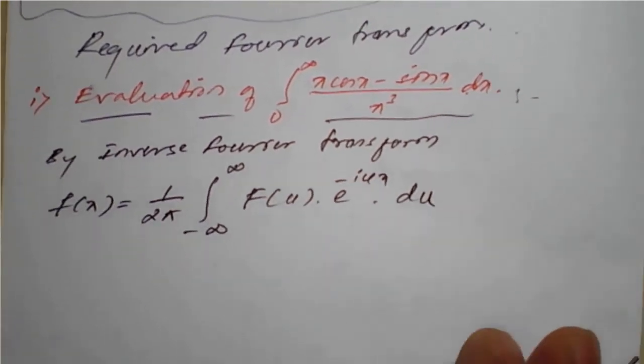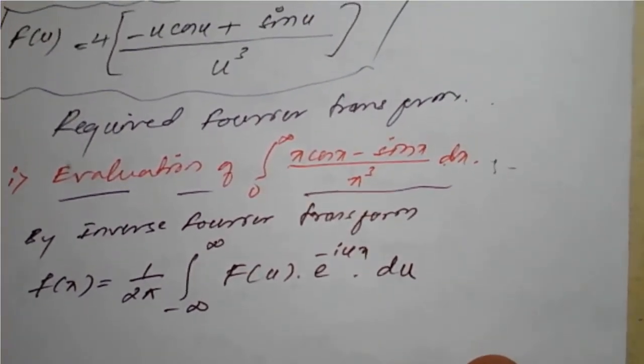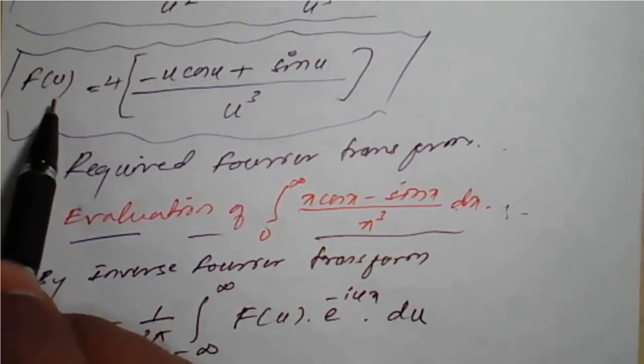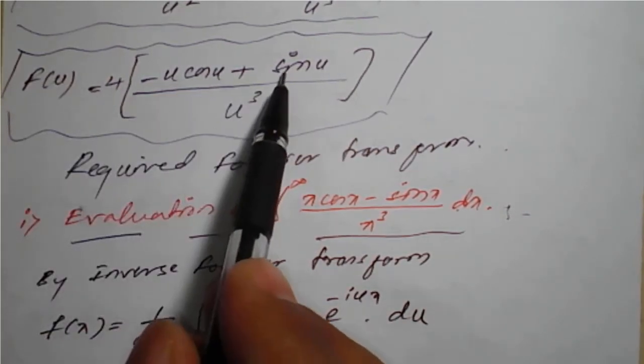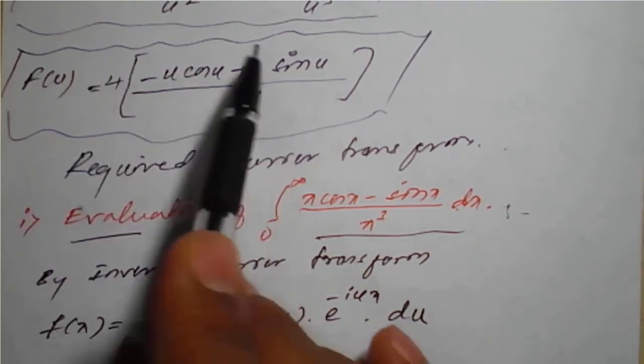Okay, so remember the definition of Fourier. With the help of this, this F of u is going to be replaced by what we got, F of u is equal to 4 times minus u cos u plus sin u upon u cube. So this F of u will be replaced by this entire thing.